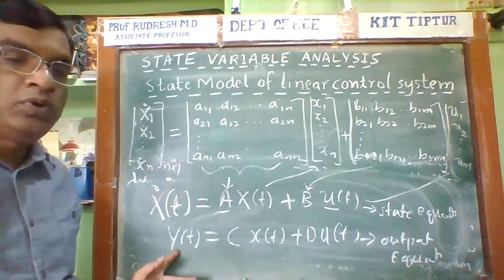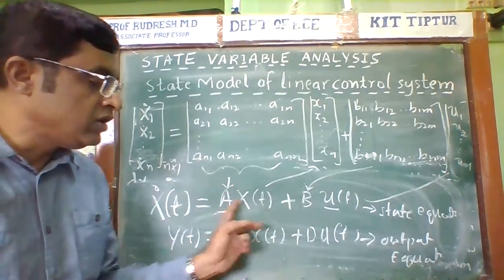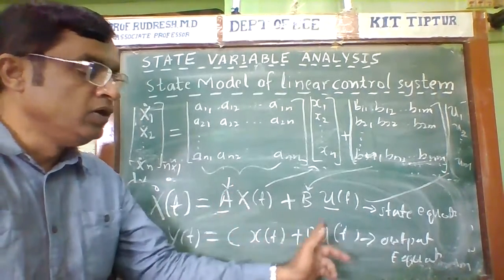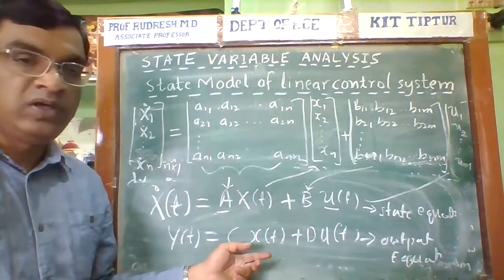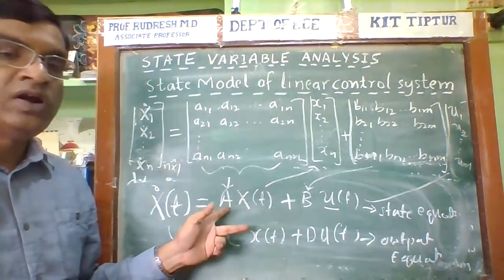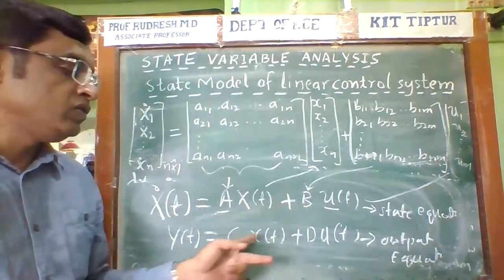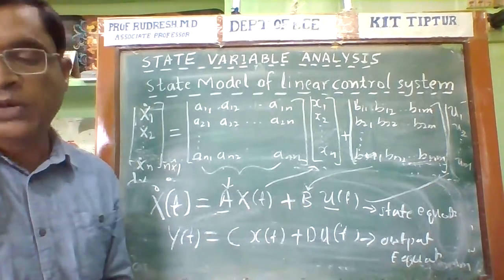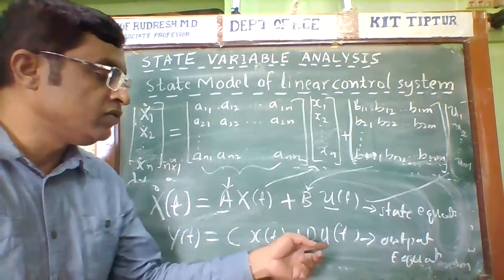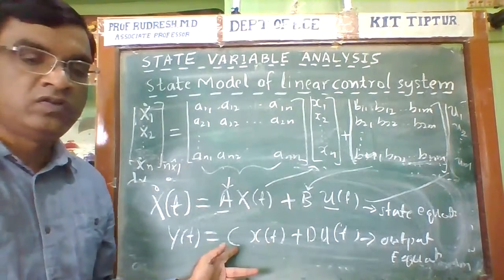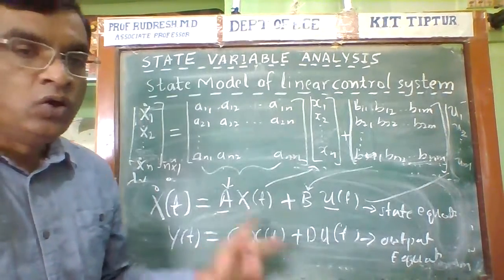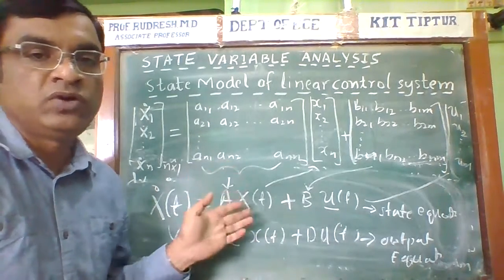This is called the system matrix, this is called the input matrix, C and D are called output matrices, and D is called the transmission matrix. C is called the output matrix. These things we should remember.